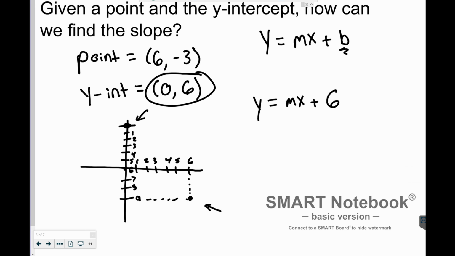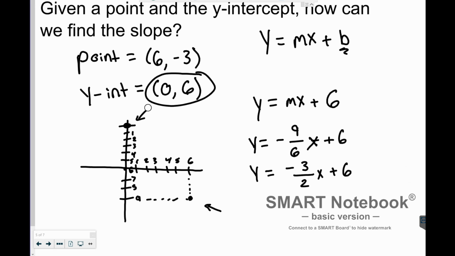So we go down 9 and over 6. So our m is going to equal negative 9 over 6. Don't forget your x plus your 6. But we can reduce this to y equals negative 3 over 2 x plus 6.